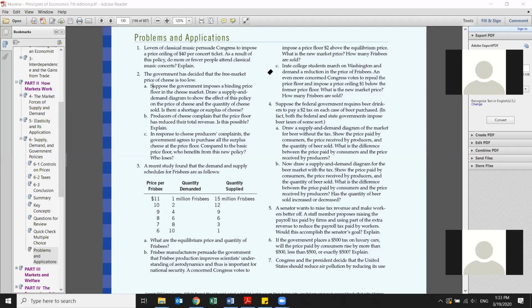Let me draw it once again so that we can make it clear. This is supply, this is demand. Let me draw it here. Supply, demand.